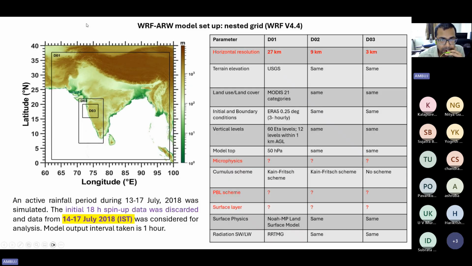For this, we set up the WRF model. We made a nested WRF model configuration of 3 domains. The first domain is 27 kilometer resolution, the middle one is 9 kilometer, and the innermost is 3 kilometer resolution. We took an active rainfall period during 13 to 17 July 2018, and after discarding the initial 18-hour data as spin up, we took 14 to 17 July 2018 for our analysis.